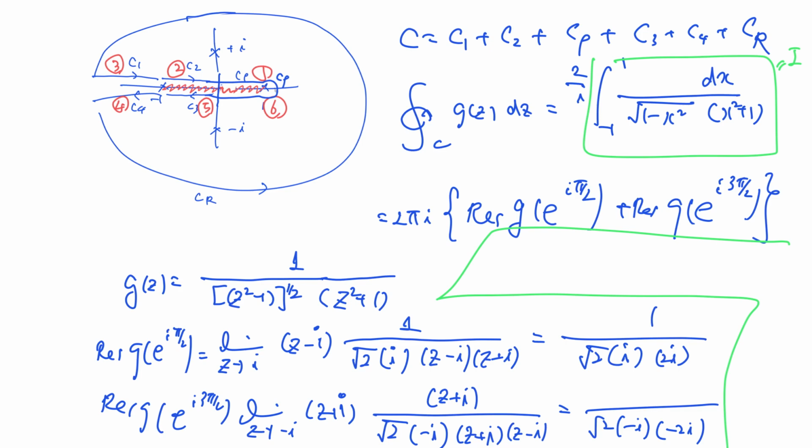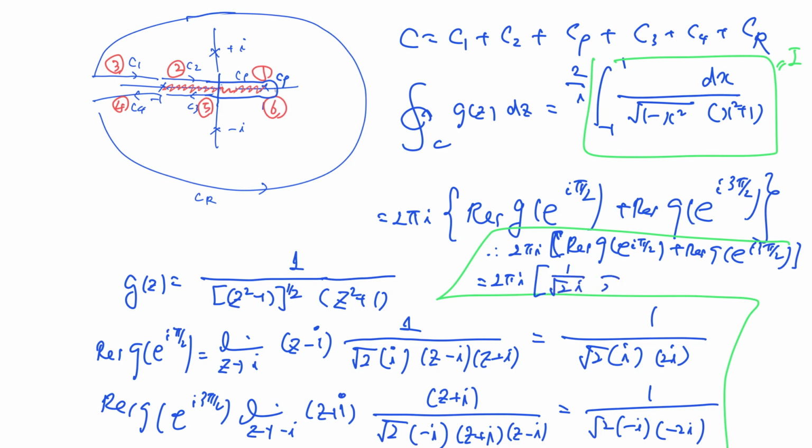So 2 pi i times the residues of g at exponential i pi over 2 and exponential i 3 pi over 2 is actually 2 pi i times square root of 2 over 2i plus square root of 2 over 2i, right?